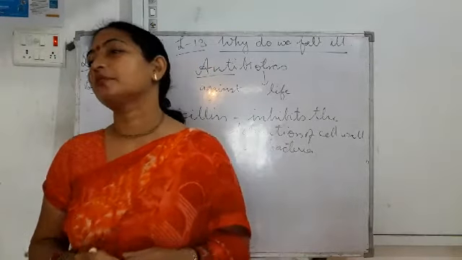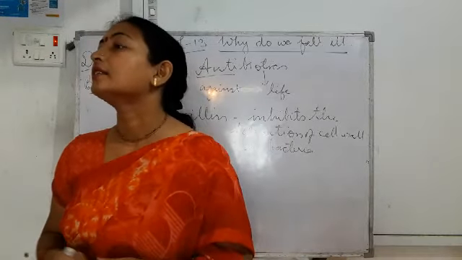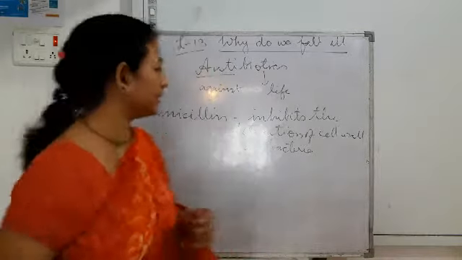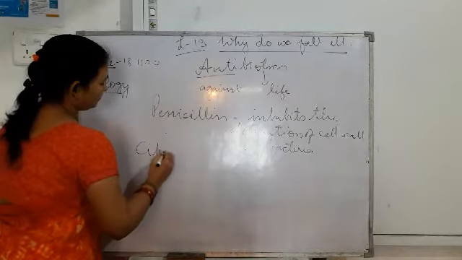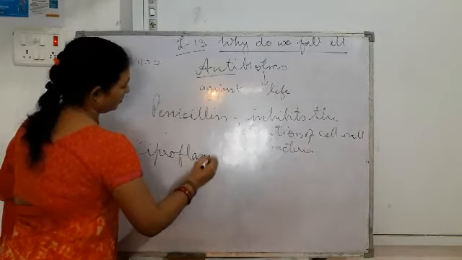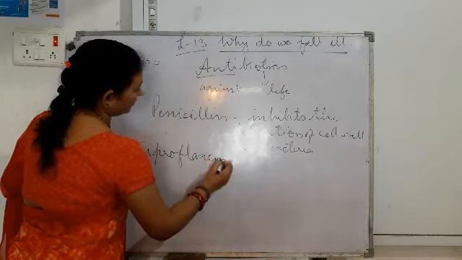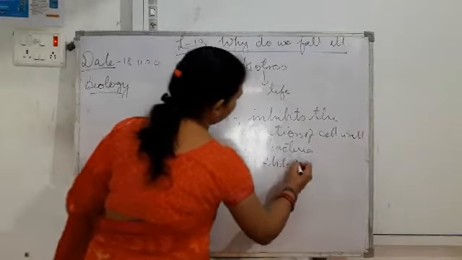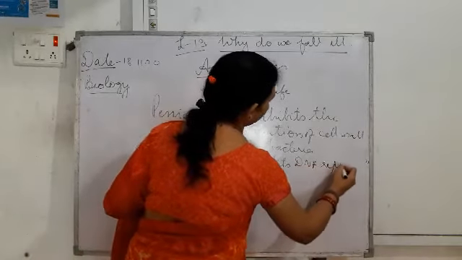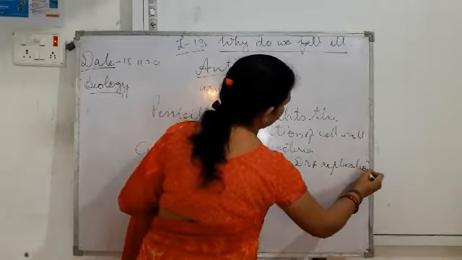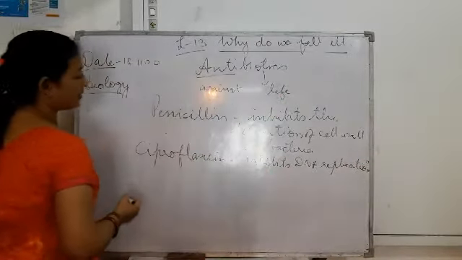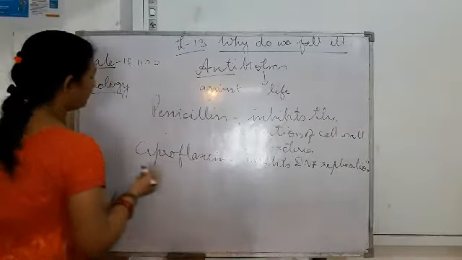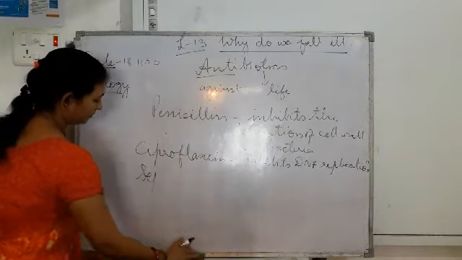Other than penicillin, ciprofloxacin is one kind of antibiotic which inhibits DNA replication. When it is given, it will not allow the DNA to replicate or increase in number. Then one more is there, streptomycin.